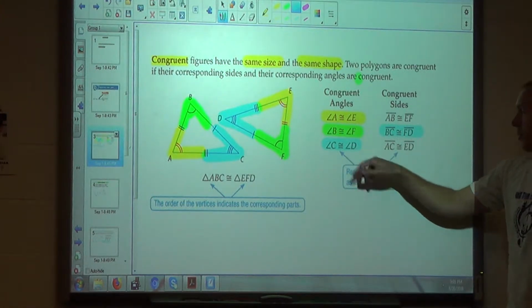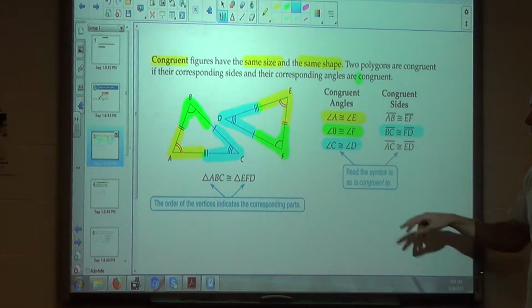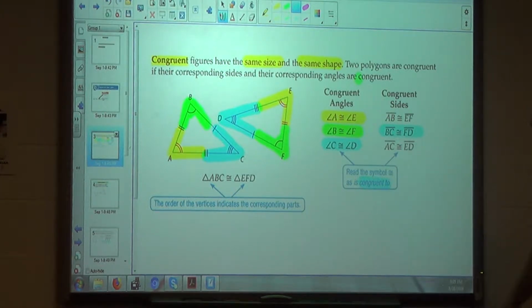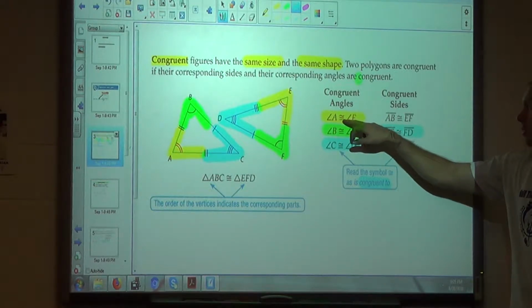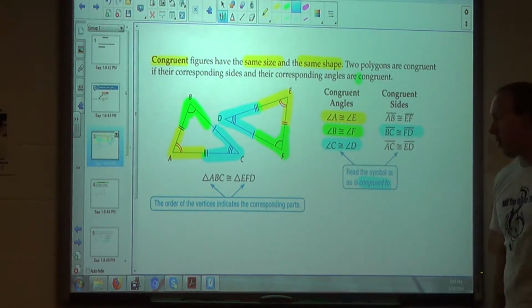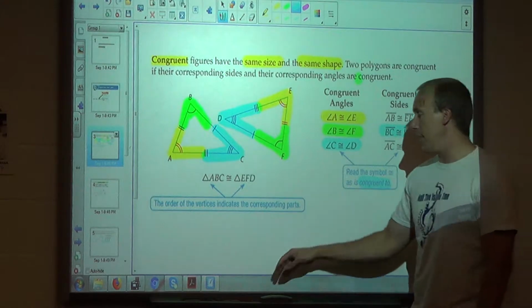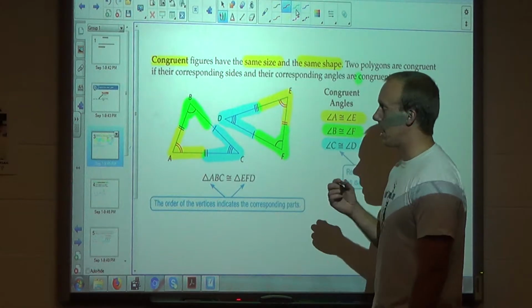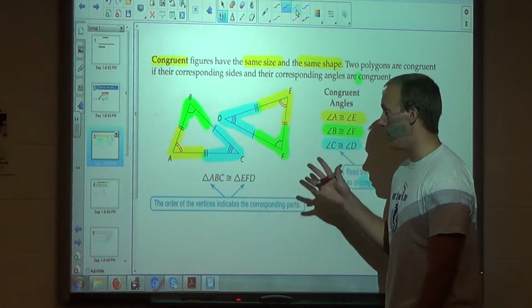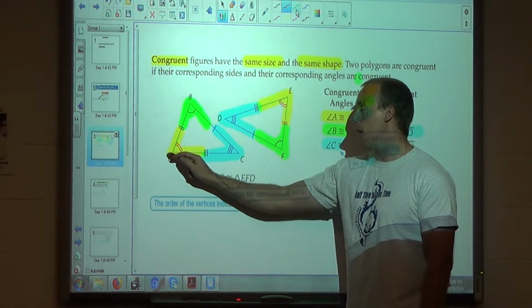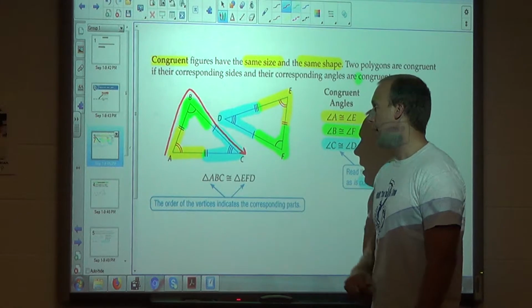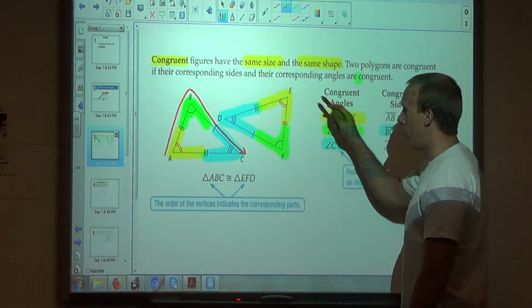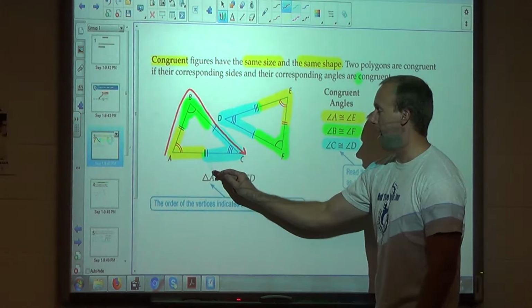Okay? And the symbol with the squiggly above the equal sign, that's called congruent. So if ever you see this, it doesn't say equal. This says angle A is congruent to angle E. So if I'm going to say these triangles are congruent, I have to match up the corresponding parts of the congruent triangles. If I say triangle ABC, going that direction, where would I have to start if I start with angle A in the first spot?